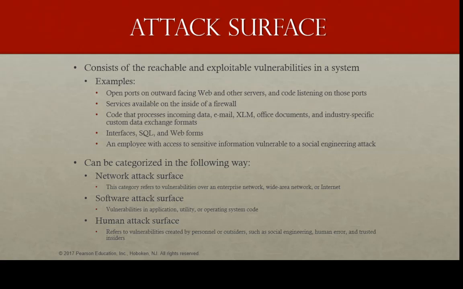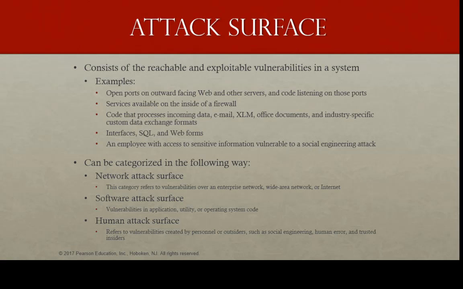Attack surfaces can be categorized in the following ways. Network attack surface. This category refers to vulnerabilities over an enterprise network, wide area network, or the internet. Included in this category are network protocol vulnerabilities, such as those used for a denial of service attack, disruption of communication links, and various forms of intruder attacks.